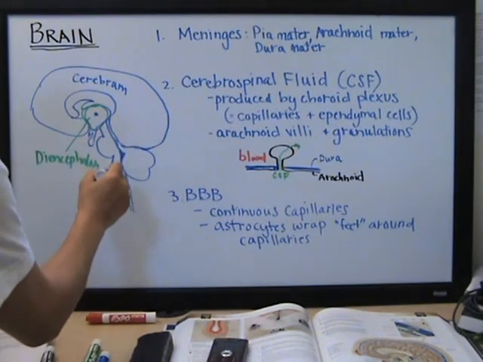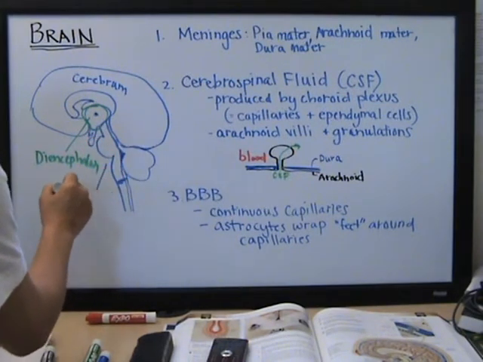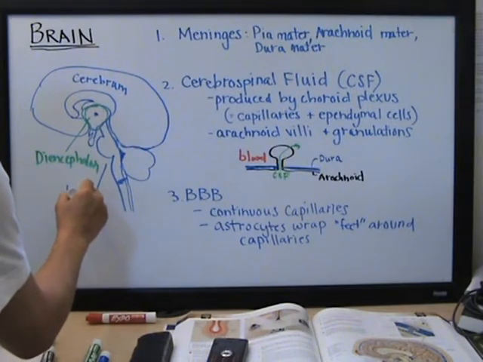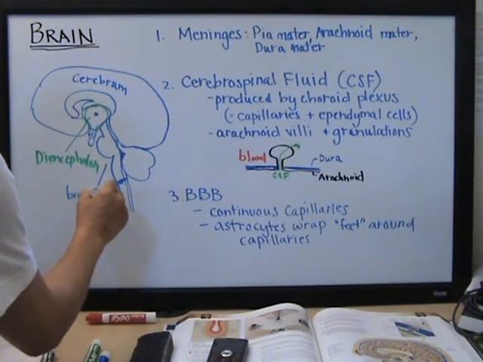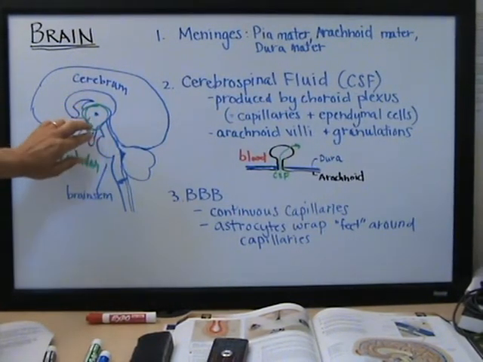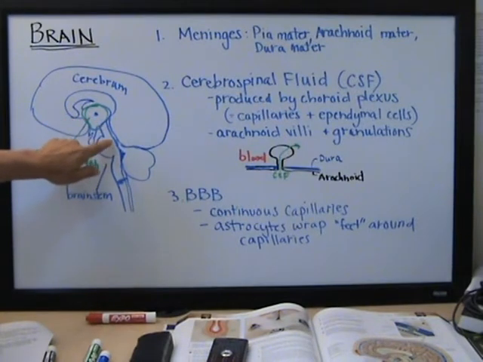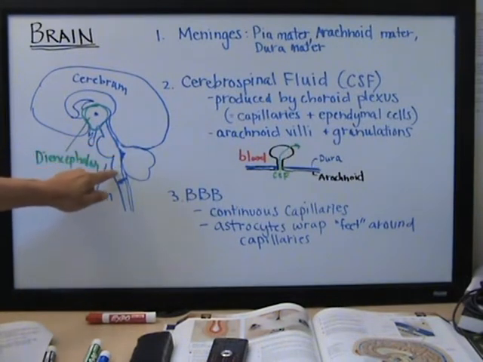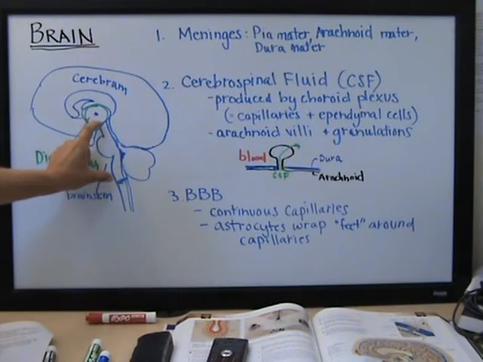This whole region is called the brain stem. And the brain stem, the stem of the brain, is divided up into three parts: the mesencephalon, the pons, and the medulla oblongata. So again, this whole region is a brain stem composed of the three parts.